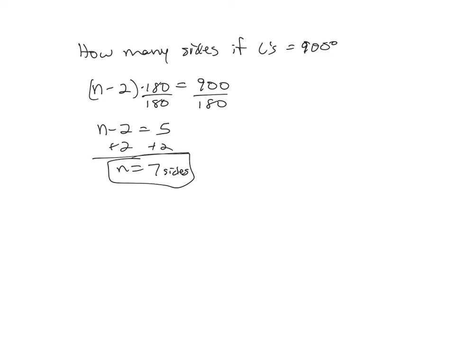Just divide by 180 and then add 2. It's really the same process for every problem, just instead of 900 it'll be something else. So any 4-sided figure is going to be 360. Any 5 sides will be 540. Doesn't matter what they look like.